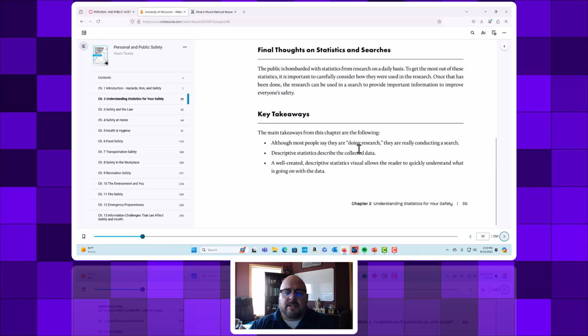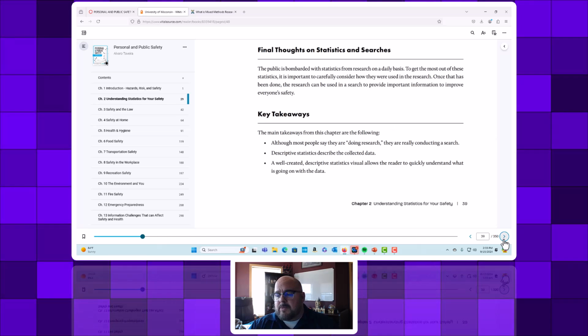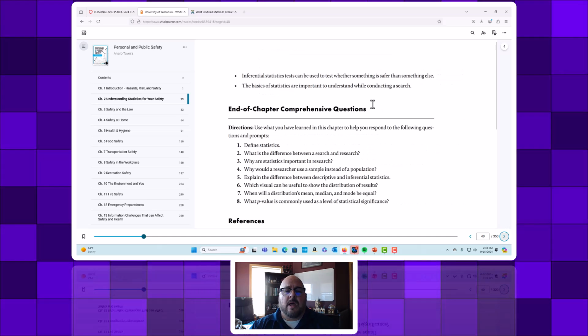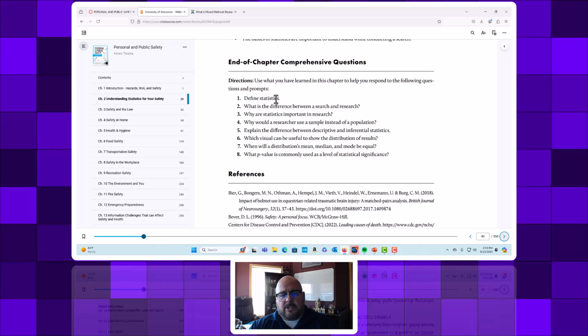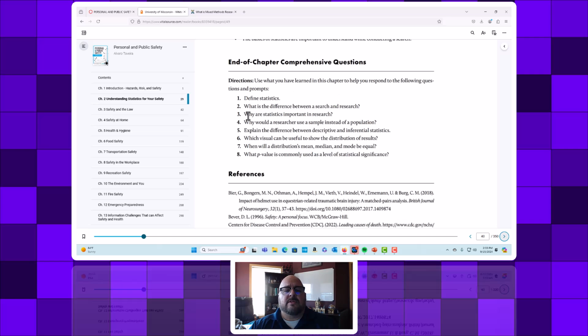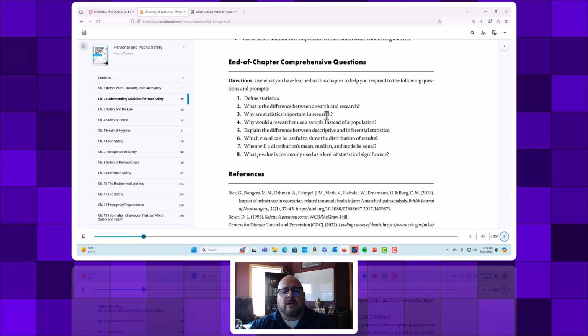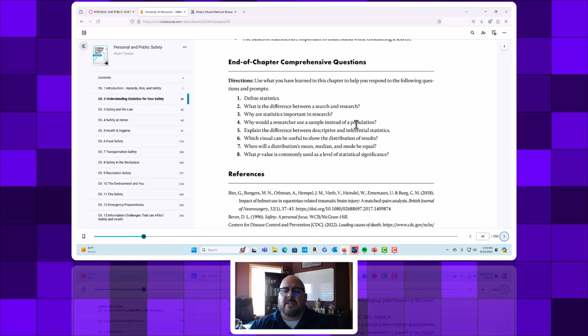Be careful when you read statistics, look for reliable sources, know the difference between descriptives and non-descriptives. Some of the things you need to know: a definition for statistics, the difference between search and research. Why is this important in research? I don't think we had that one. Why would a researcher use a sample instead of a population?